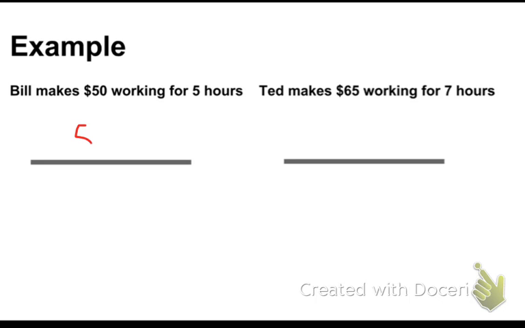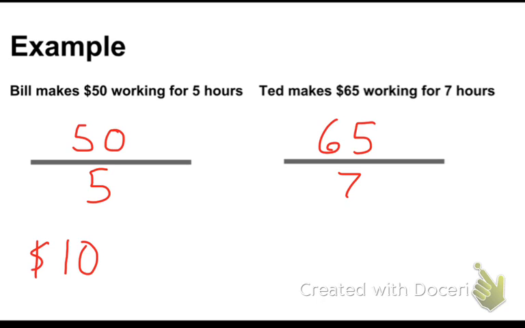Well, basically, I just set this up like a fraction, 50 to 5 and 65 to 7. And I work them like division problems, 50 divided by 5, and I get this handy little unit rate of $10 per hour.